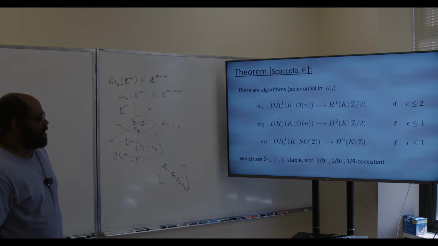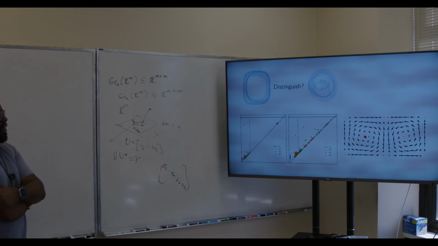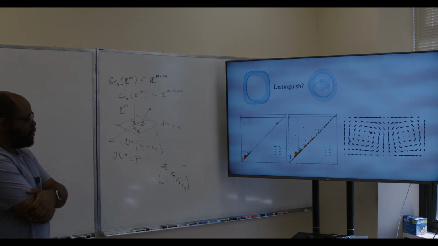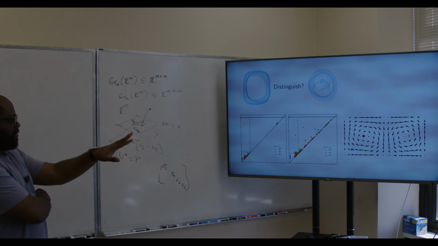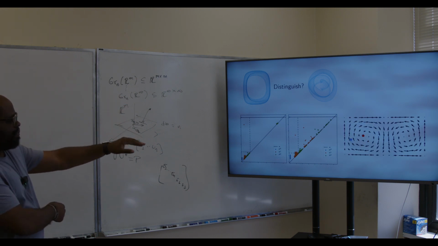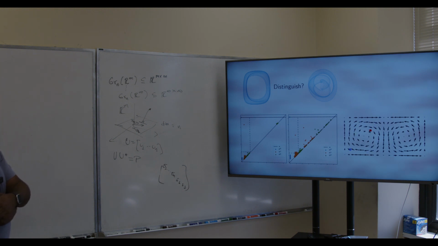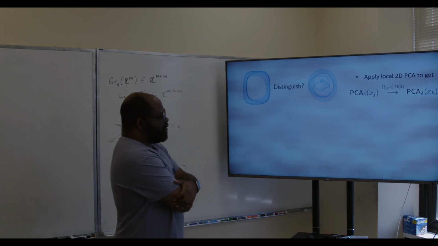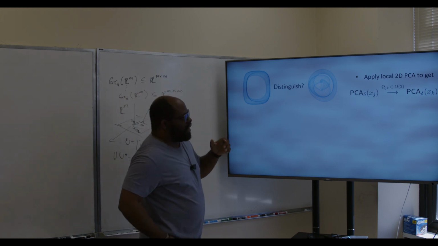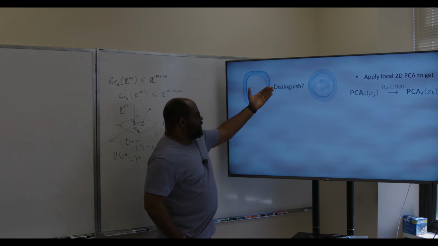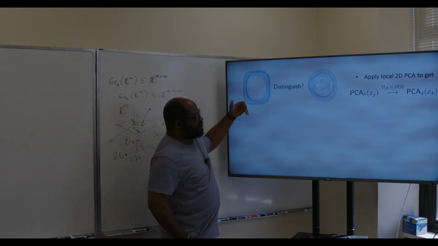Okay, so let me now go back to the data examples that motivated this pursuit. Again, here's the double gyre, the attractors, and then the persistent cohomology computation. So here's the first thing we did. Go ahead and apply local two-dimensional PCA over every point of the attractor.